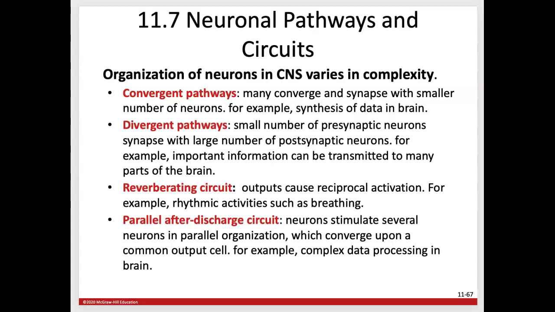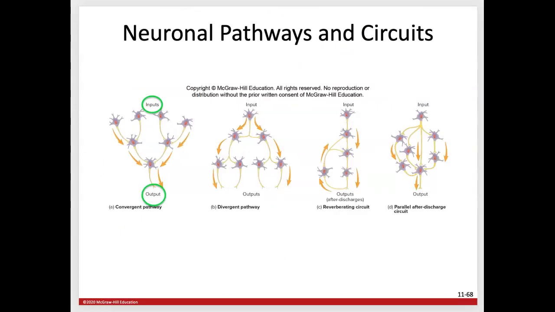So there are different neuronal pathways and circuits. The organization of neurons in the CNS varies in complexity. There are convergent pathways, divergent pathways, reverberating circuits, and parallel after-discharge circuits. There are some descriptions here, but I like to go by the pictures for this. This to me makes more sense.